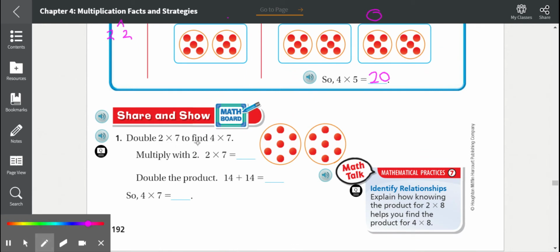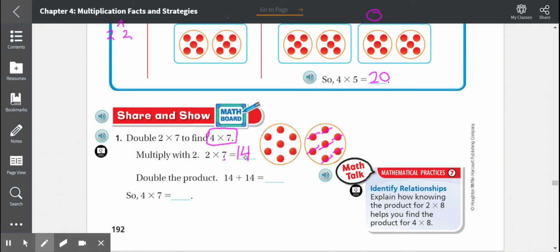Double 2 times 7 to find 4 times 7. So let's box the one that we're really doing. We want to find out 4 times 7. So let's do 2 times 7 first. Well, 2 times 7 would be like 7 plus 7, which is 14. And they've done that here for us. Because here's 7, 8, 9, 10, 11, 12, 13, 14.